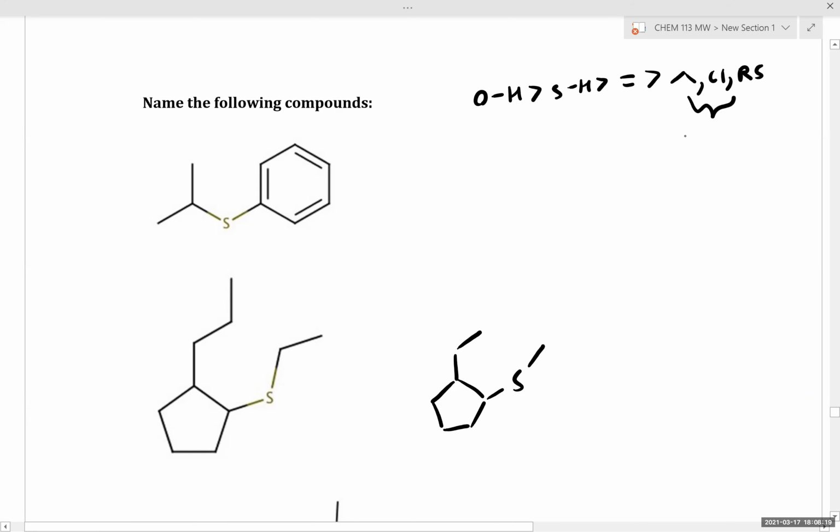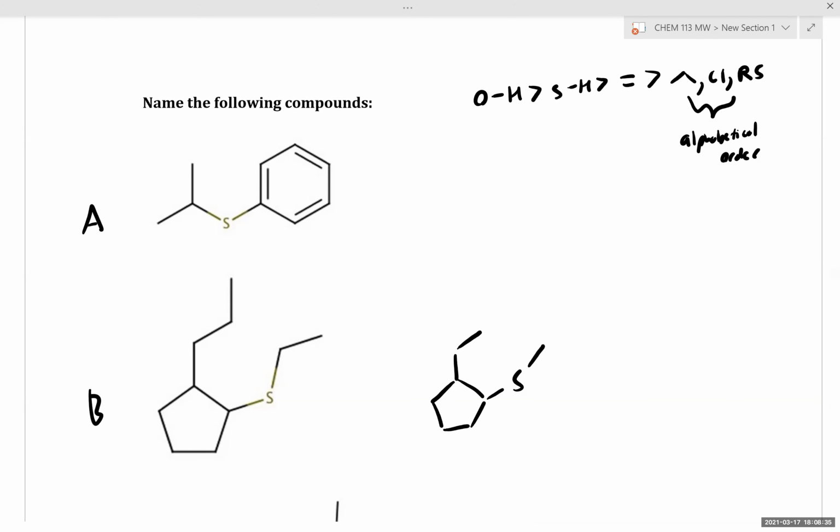And the real tiebreaker comes down to alphabetical order. So keep that in mind as you work on example A and B.